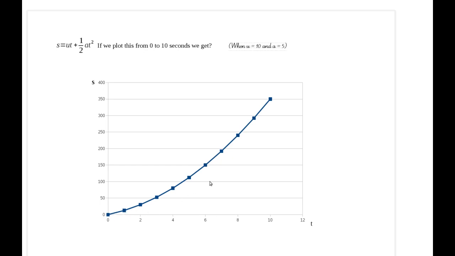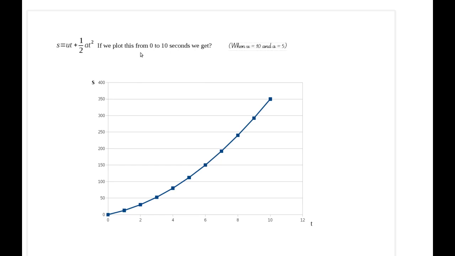I'm getting a bend, because the displacement increases as the speed increases. As you apply the acceleration, you make the speed increase. Obviously if you're going faster, you cover a greater distance in a second. Very logical. Maths is always logical.